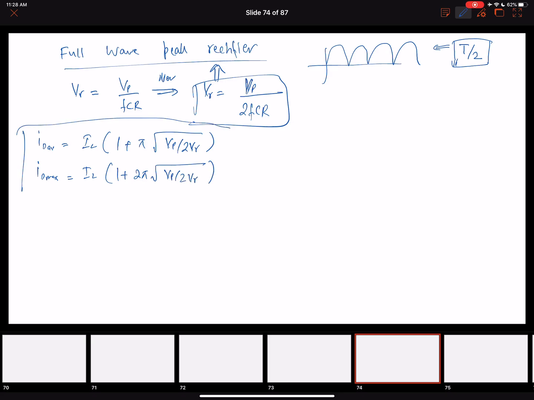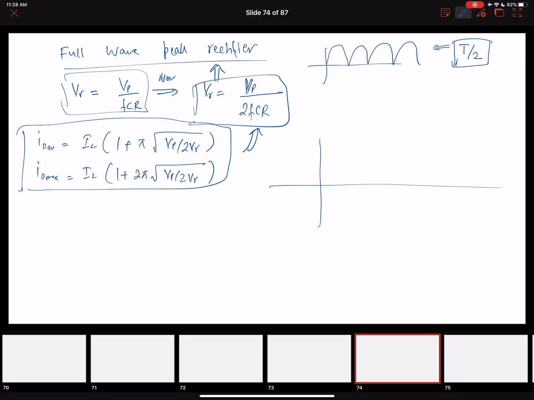Alright, so these are the diode currents. For the ripple voltage, we use exactly the same formula and just divide it by half, because the time period has been reduced by half, or the frequency has doubled.